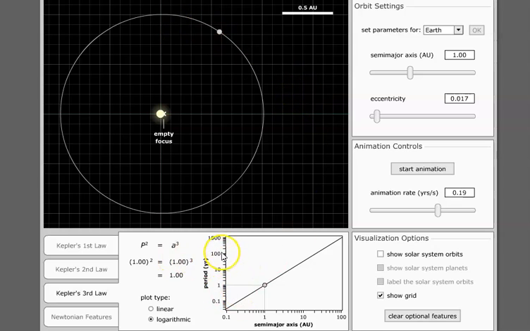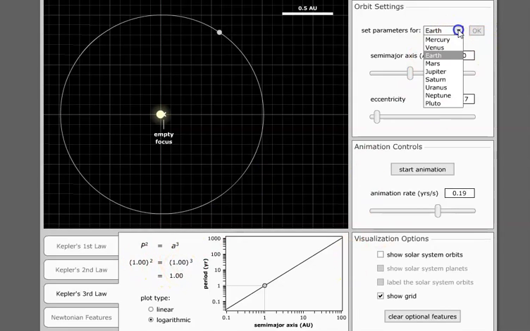So if we look down at this table here, now we have the period on the vertical axis versus where we had the radius, but it works out the same either way. So the period of Earth is 1 year, so 1 squared, and then we take the cube root of 1 squared, which gives us 1.